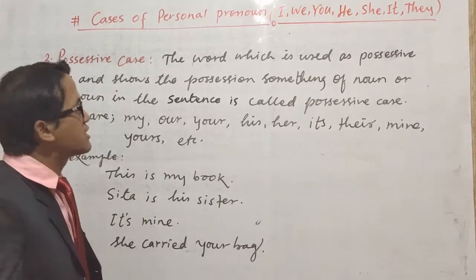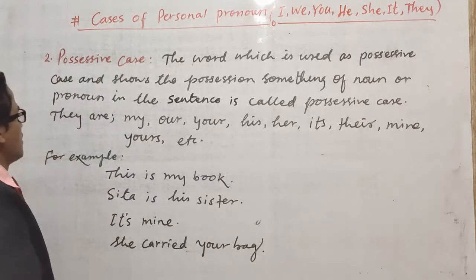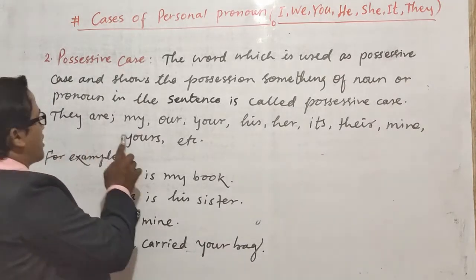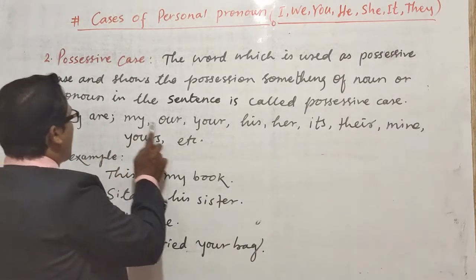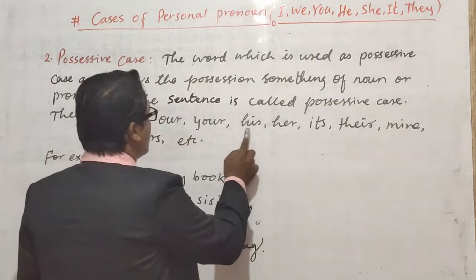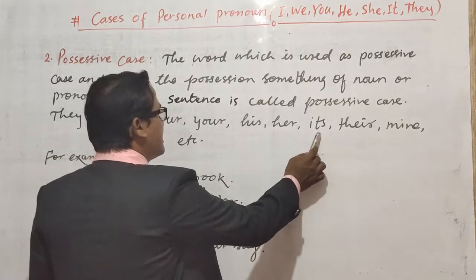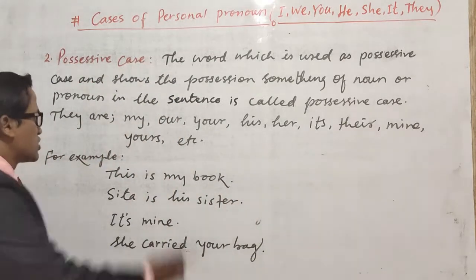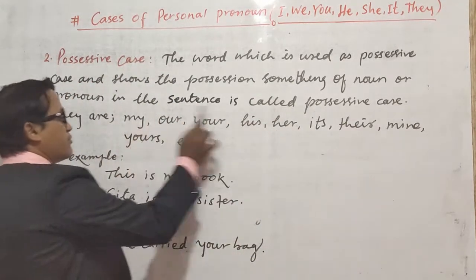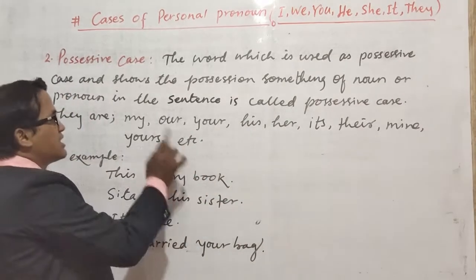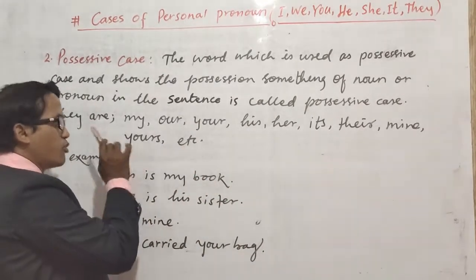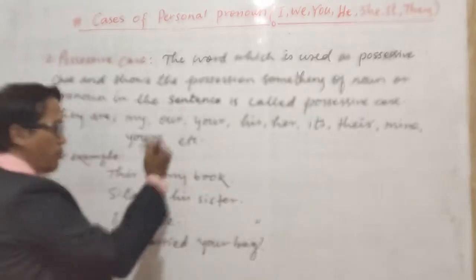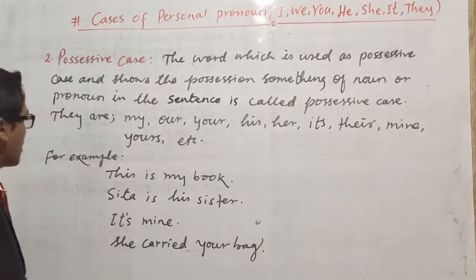We have already discussed this in the previous classes. The possessive pronouns are mine, our, your, his, her, its, their, etc. So they are used in the sentence as possessive case, showing the possession of something or somebody.